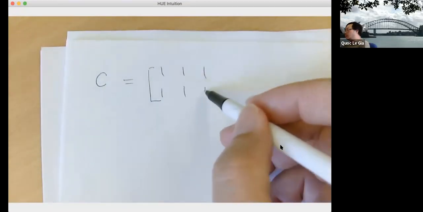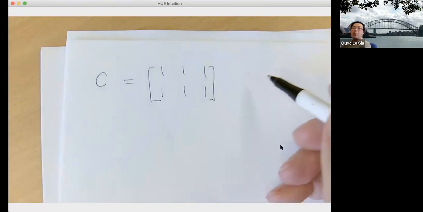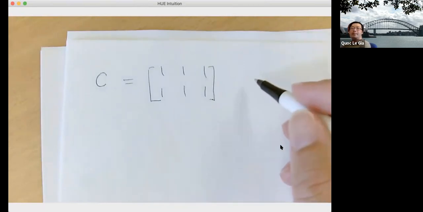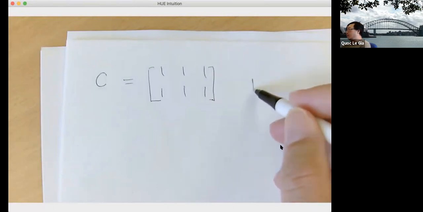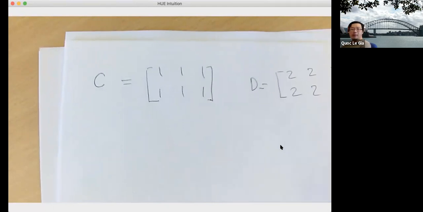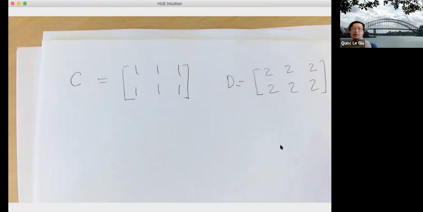So just a 2 by 3 matrix, and all the entries are 1. And now the matrix D is twice the matrix C. So just take every entry and multiply by 2. So simple. Okay.